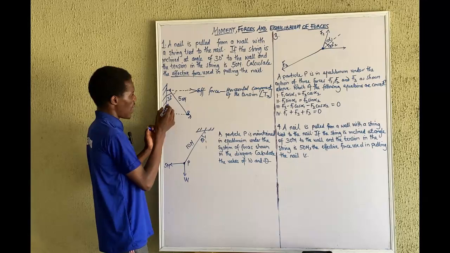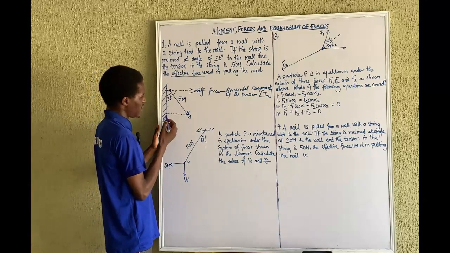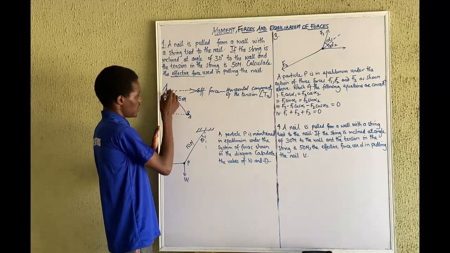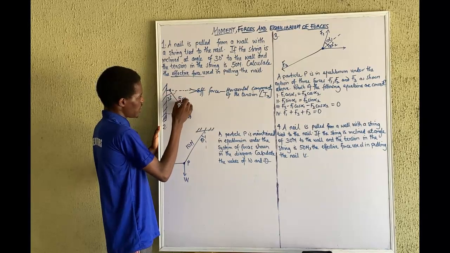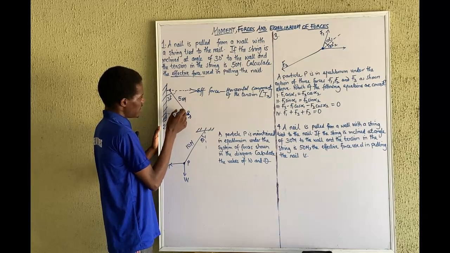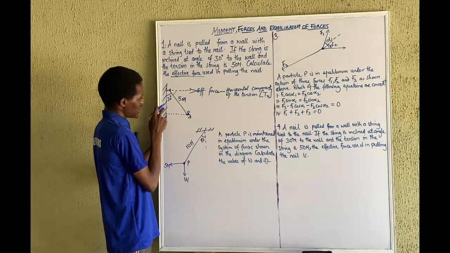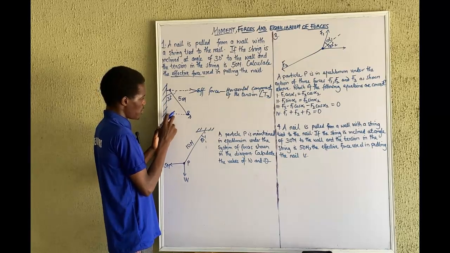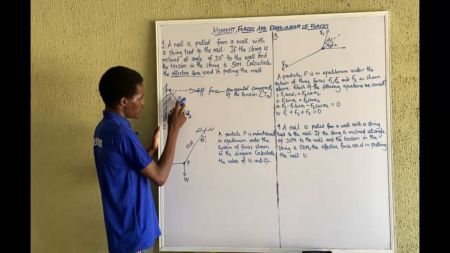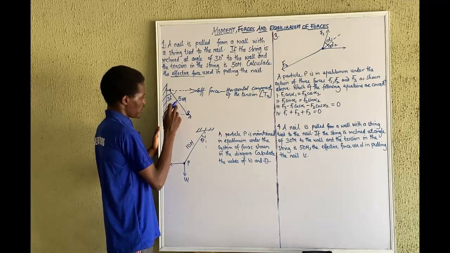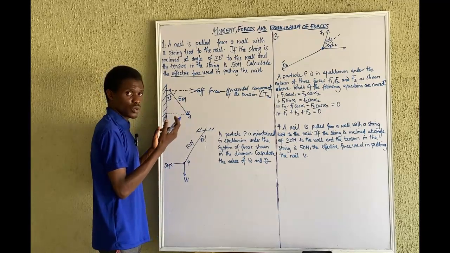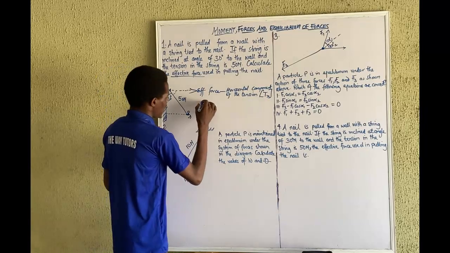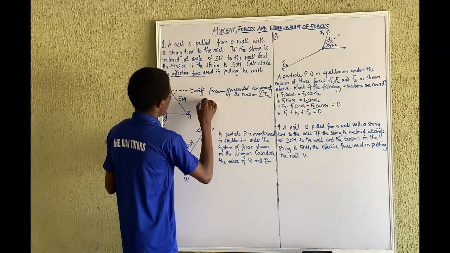So in this case I have 30 degrees and 50. This is the angle, this is the tension. Where is the adjacent? This is the adjacent, this is the opposite, and this is the hypotenuse. So that means I'll use sine, for me to get the effective force.